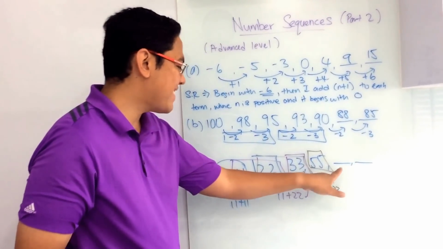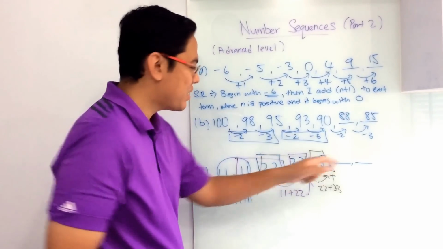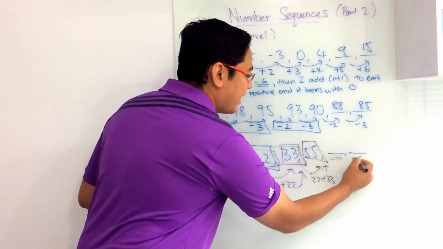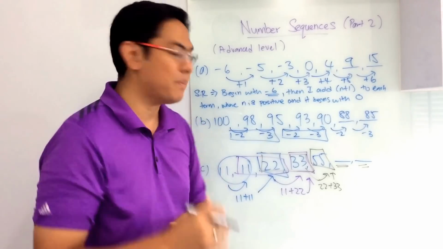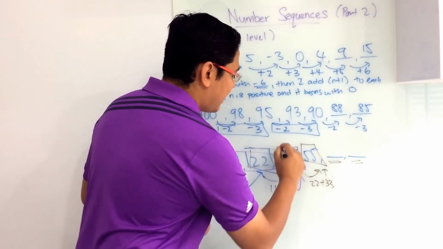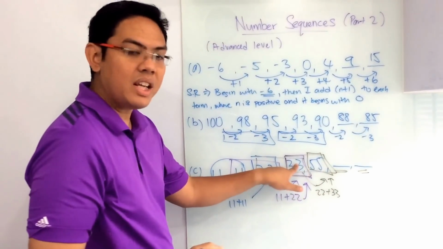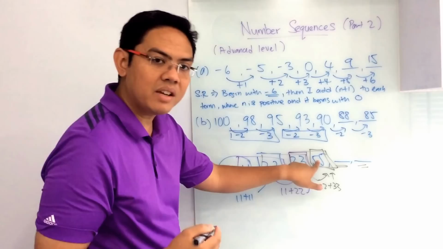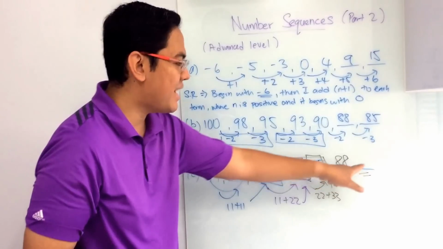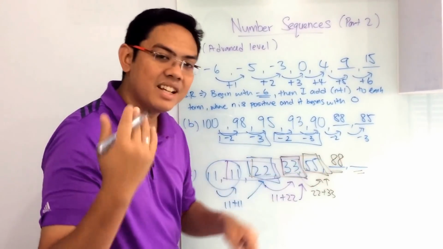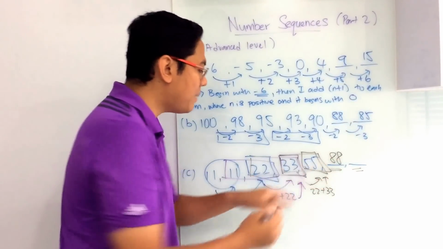So, what is the sixth and the seventh term? So, the sixth term here and here, it must be the addition of the two previous terms. So, in this case, is the addition of 33 and 55, which gives you 88. Alright, and what is the last term? Again, is the addition of the previous two terms.